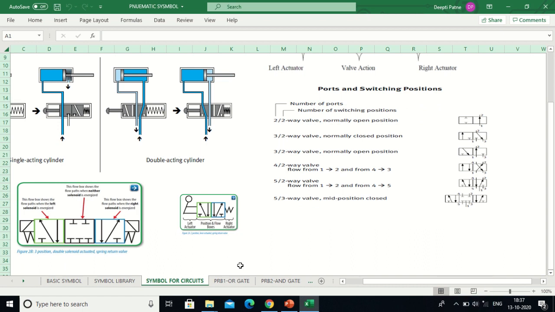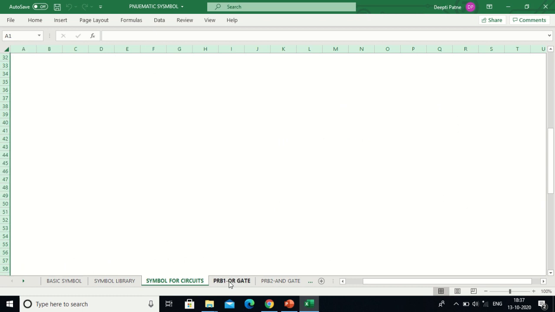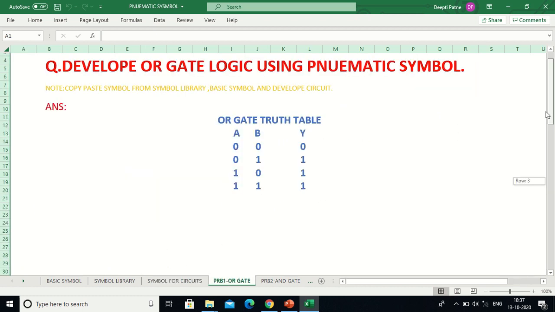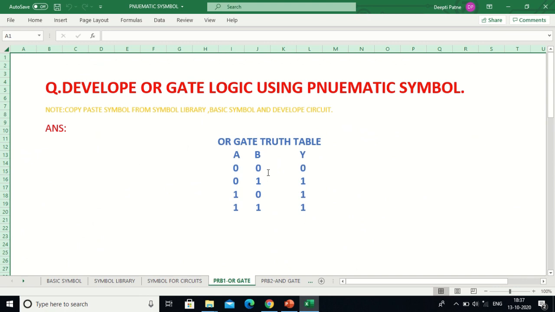Now let us check out the first example, that is developing the OR gate. Whenever we are developing any circuit diagram, we have to develop it with the schematic symbols. If I am thinking about the OR gate, the truth table of the OR gate is the addition truth table we all know, that is 0 0 0 1 1 1. So whenever a 1 comes, the output turns as 1.